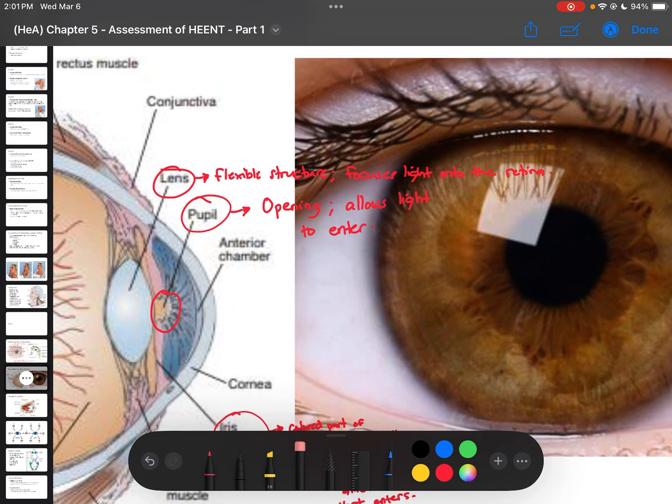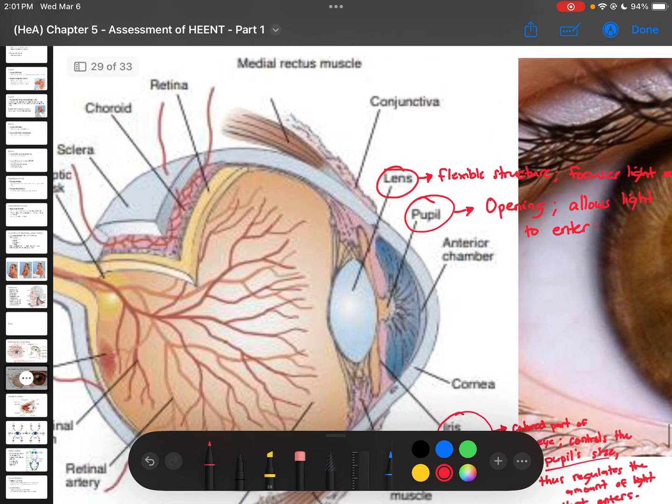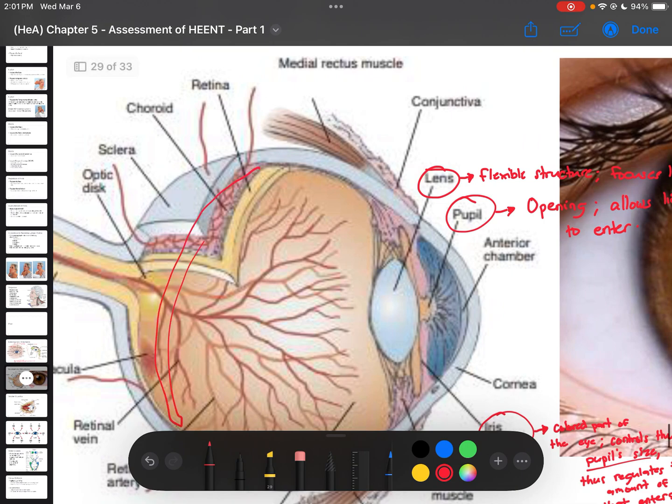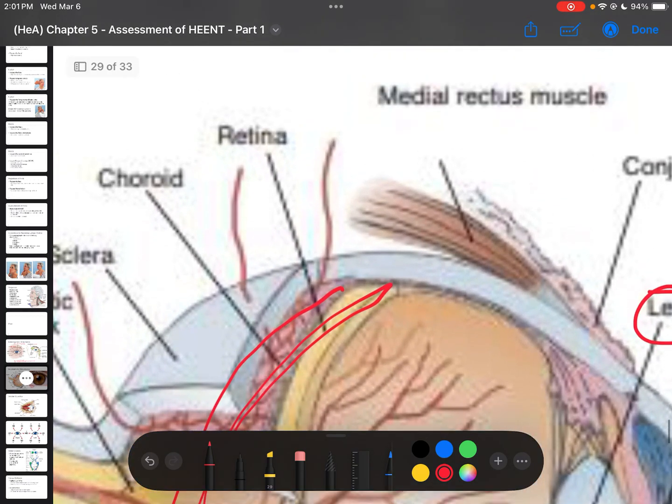It works like this. If this is the eye, the back part of the eye is where our retina is. Now, let us discuss our retina further. It is the innermost layer of the eye.